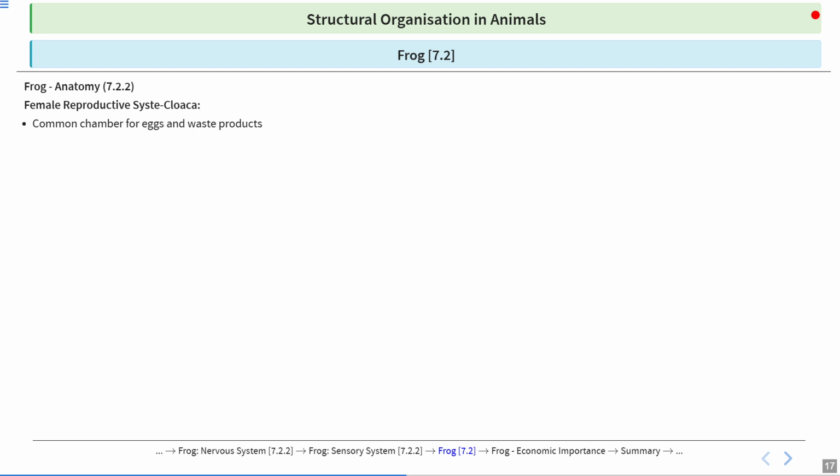Same organ. They are used for egg laying. So they lay eggs at a place where there is water, but it should not be very running water. Otherwise, the egg will be eroded by the running water, right?